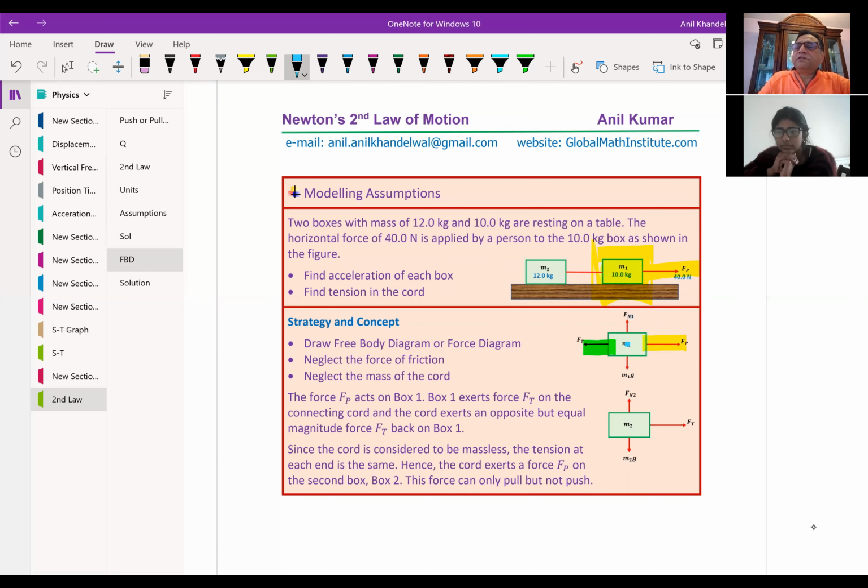And since the object is not flying up or down, the reaction is equal to the weight exerted on the table, and therefore the weight exerted is m1g, mass of the first box, and therefore that will be equal to the normal force on the first box.